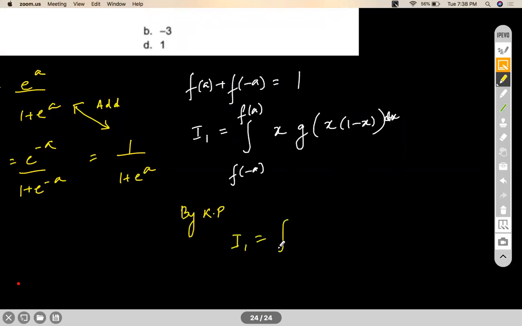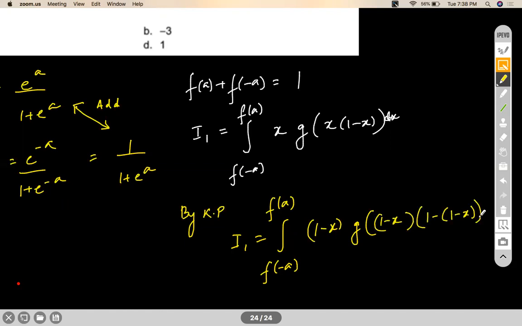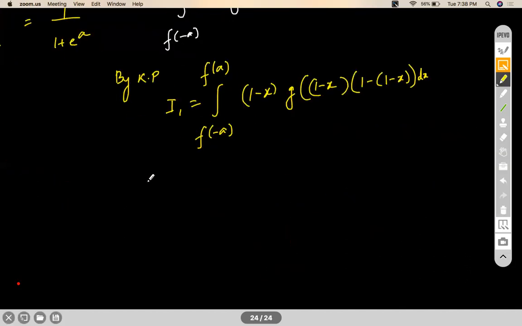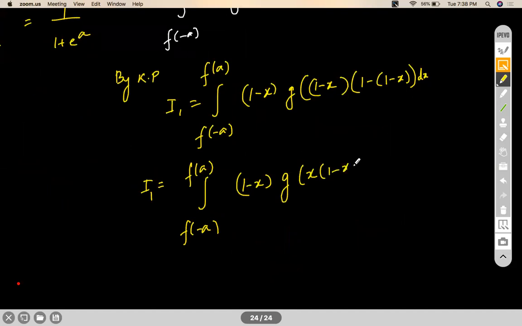Correct. So it will become f of minus a, f of a. A plus b is actually 1. So you have to replace your x with 1 minus x. So something like this. Okay. So this results into f of minus a, f of a, 1 minus x. This will give you, if I'm not mistaken, again g of x 1 minus x.